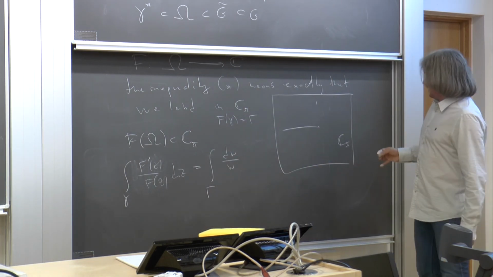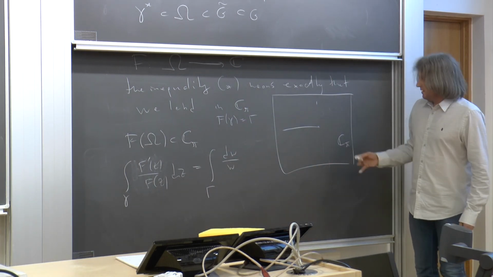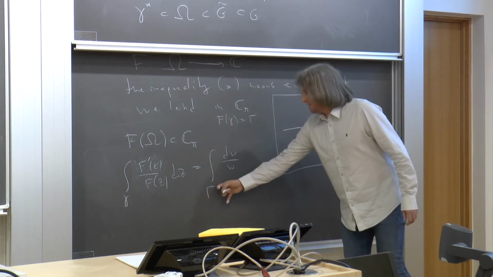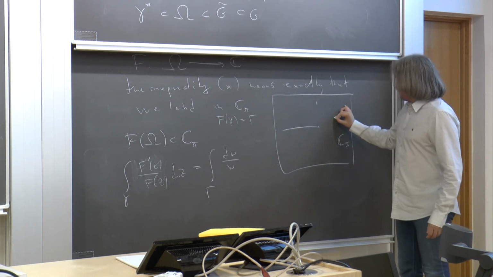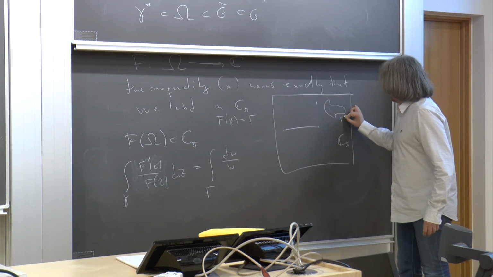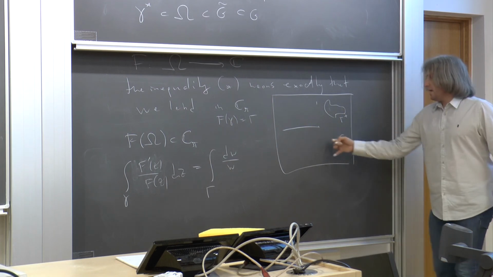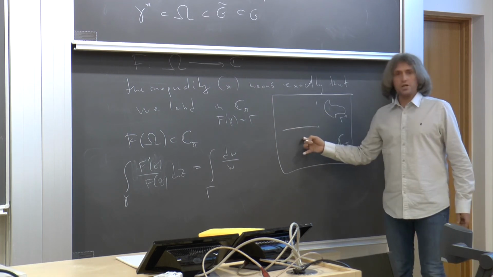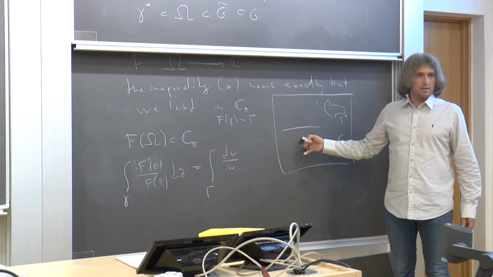But this path gamma star, whatever it is, is inside the area where a branch of logarithm is defined.